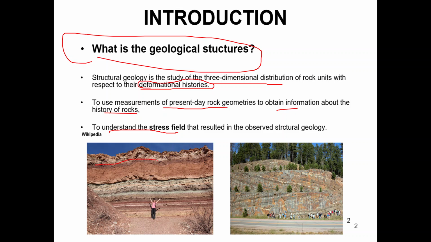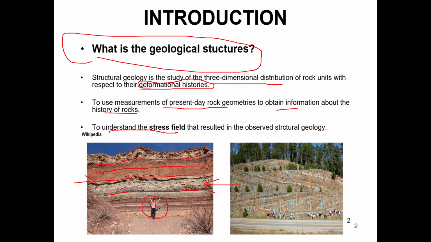For example, this is a bedding plane. Bedding plane is one of the geological structures. You see the flat structure. This is our scale. So what happens if we have stress here?